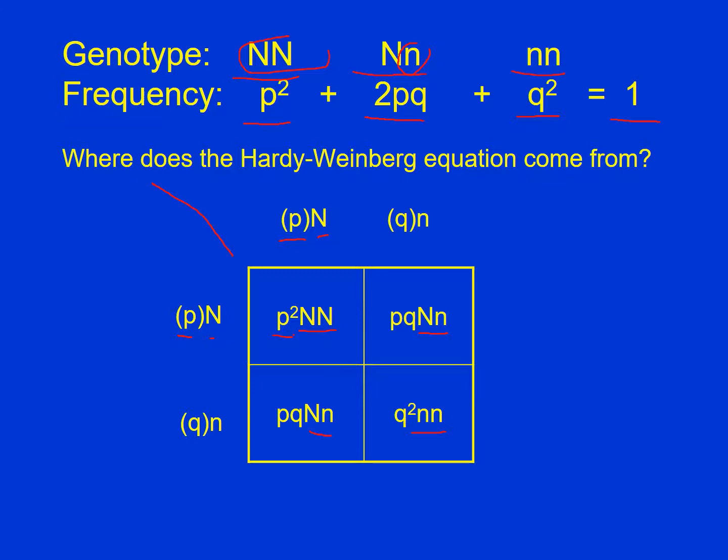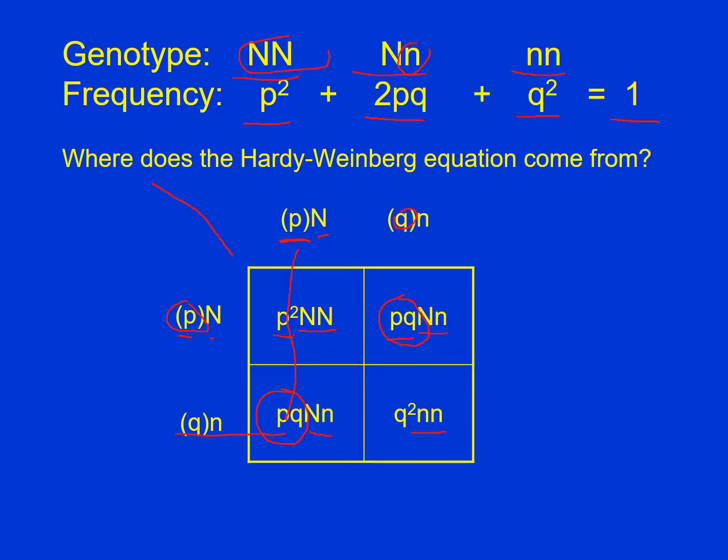And then the frequency of this particular square is going to be P times Q. The frequency of this square here is also going to be P times Q. So we've got two squares that have a frequency of PQ.